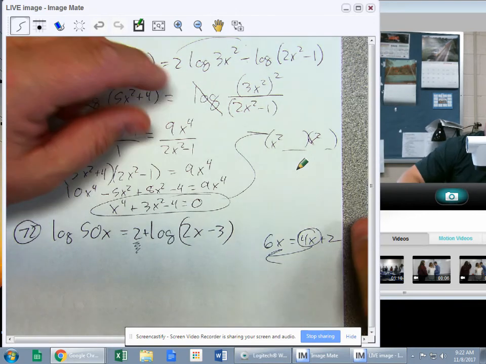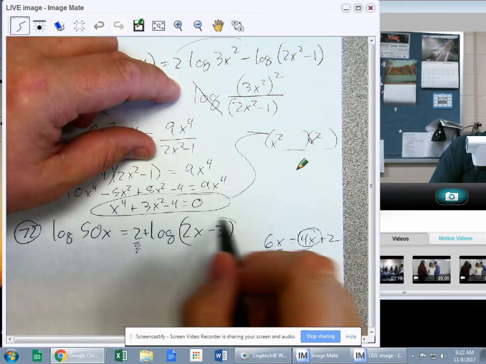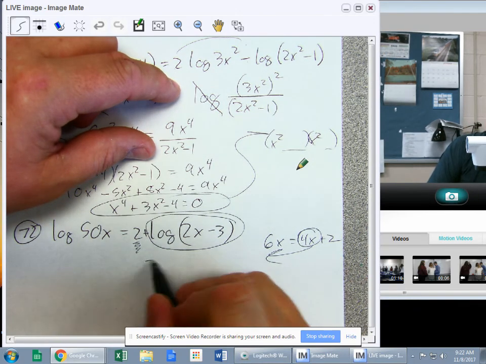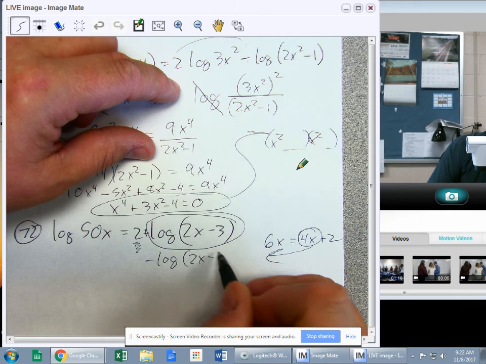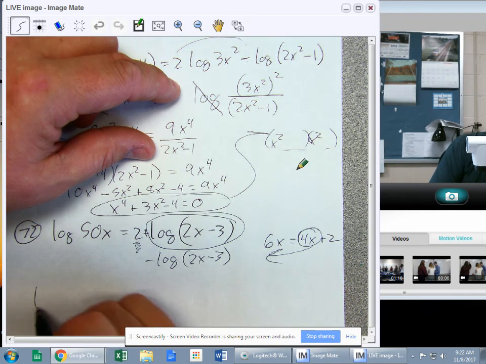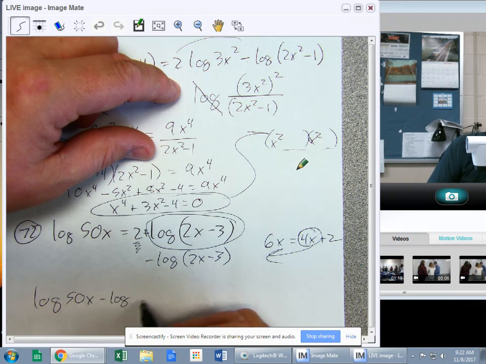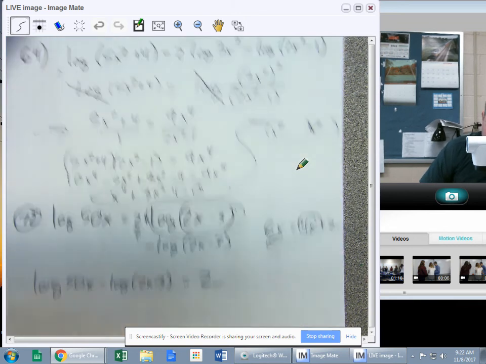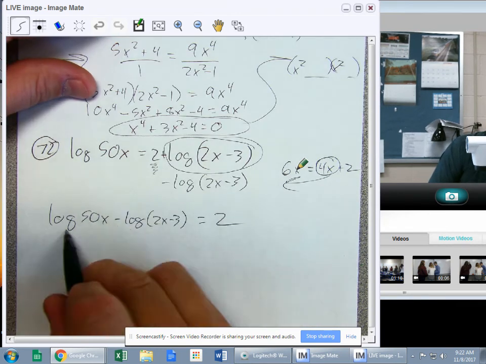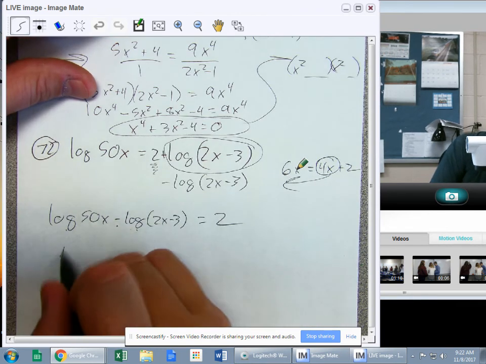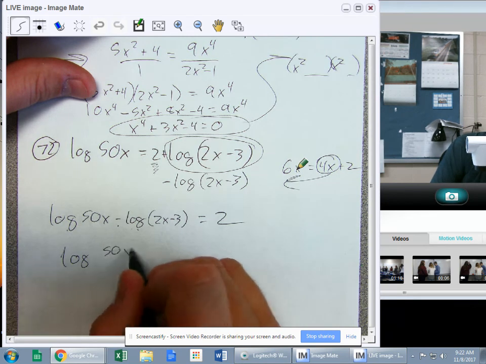So, in this case, we're going to take this whole term that's added and we're going to subtract it. And so I have log of 50x minus log of 2x minus 3 equals 2. At this point, what do I do with logs that are minus? That's going to be division.